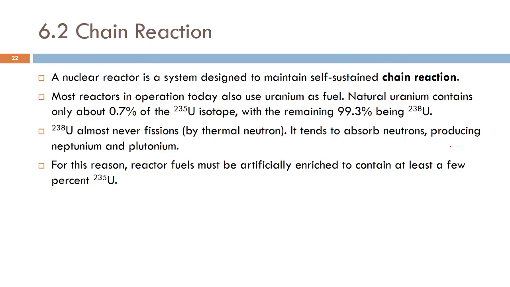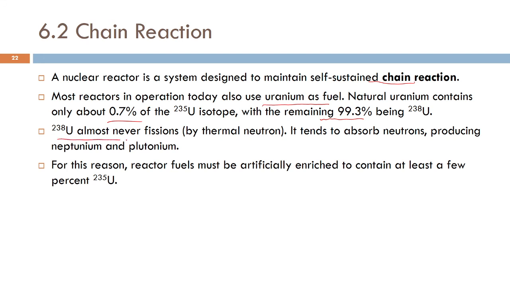That is under subchapter 6.2, chain reaction. A nuclear reactor is a system designed to maintain a self-sustained chain reaction. The conventional nuclear power plant uses uranium: natural 0.7% uranium-235, and the remaining 99.3% is uranium-238, as I told you in the previous slides.